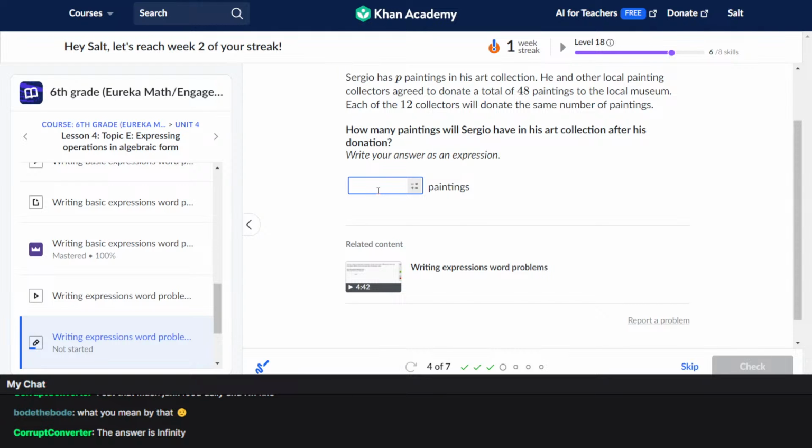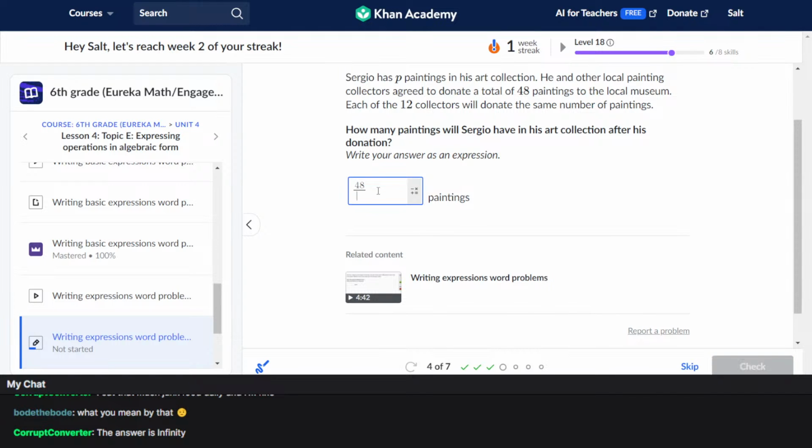Oh, so 48 is the total amount of paintings donated. Yeah, it literally says a total of.